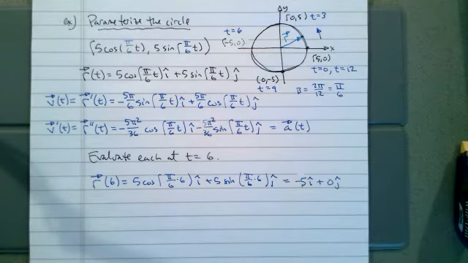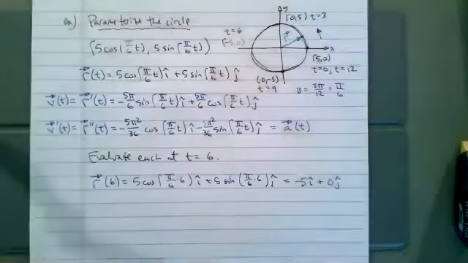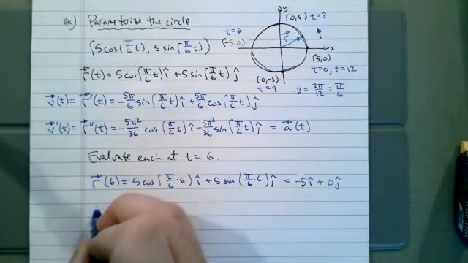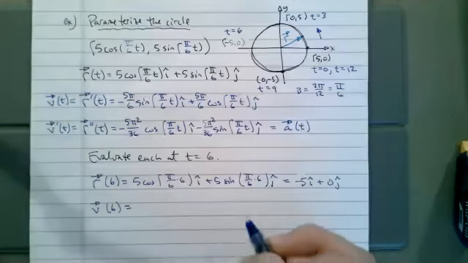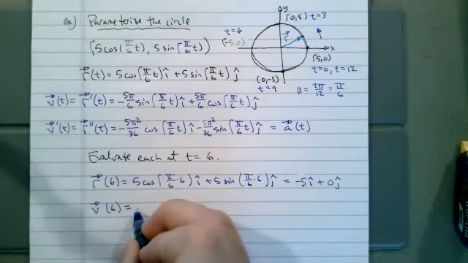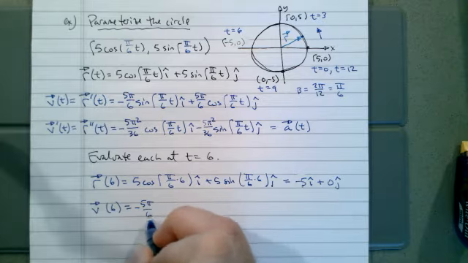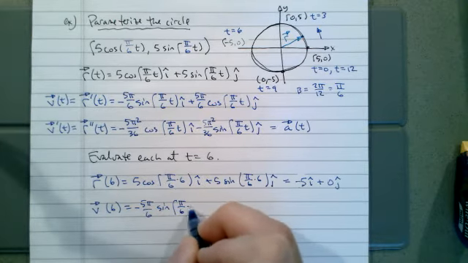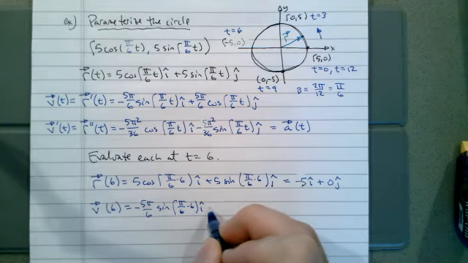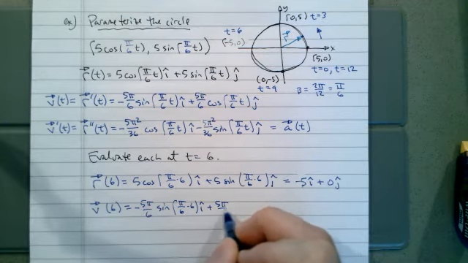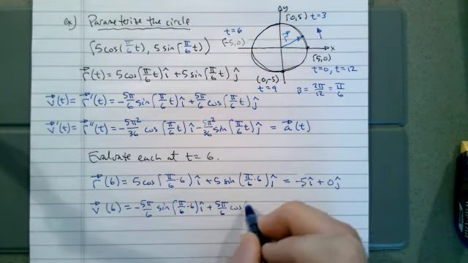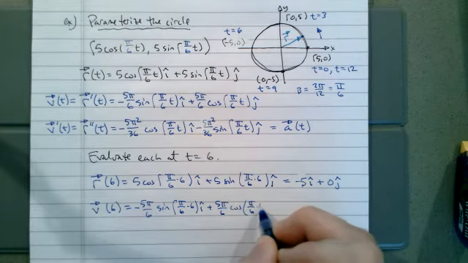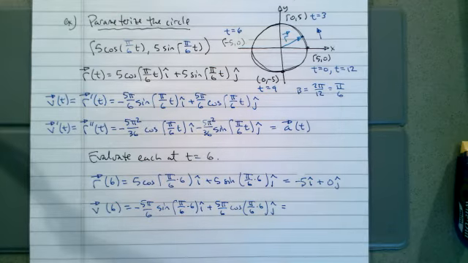Let's look at the velocity at that point and see if it matches our intuition of this motion around the circle. So let's look at v of 6. So that's going to be negative 5 pi over 6 times the sine of pi over 6 times 6i plus 5 pi over 6 times the cosine of pi over 6 times 6j.